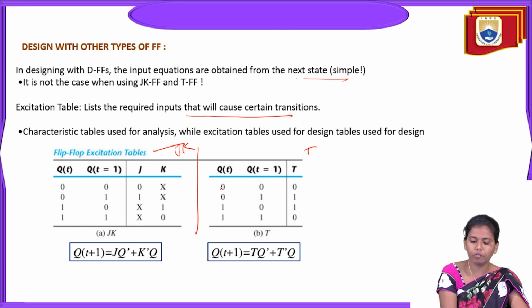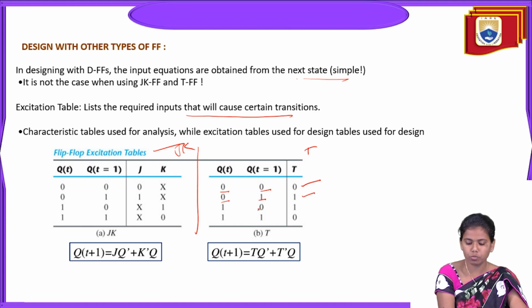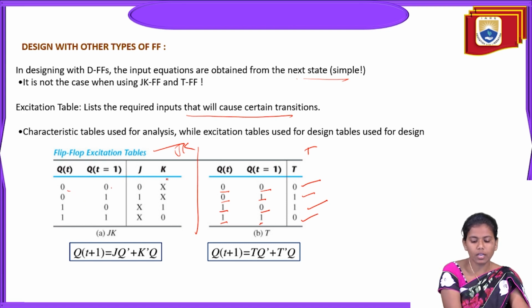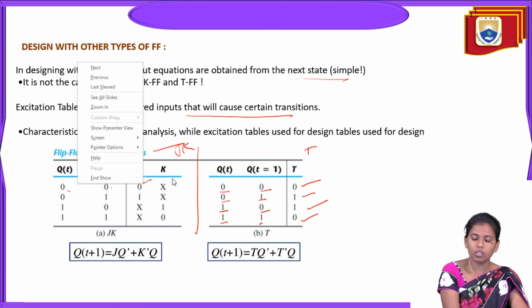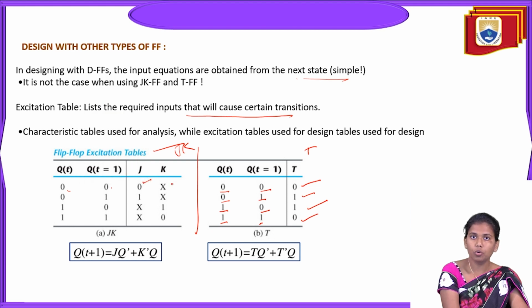For this toggle flip-flop, the timing constraints are Q of T and Q when T is equal to 1. When T is equal to 1, the output is observed as 0. When T is equal to 0 and 1, it is observed as 1. If it is 1 and 0, it is observed as 1, toggle. And if both are toggle, it is 0. And obviously for the JK flip-flop, when both are 0, we see J as 0 and one of the outputs as don't care.